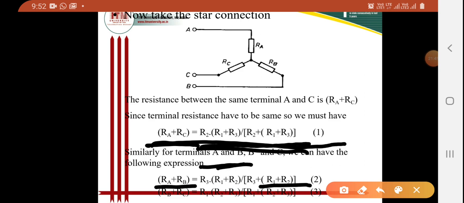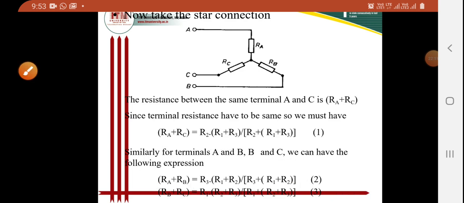Similarly, when we consider terminals B and C, we can write RB plus RC, which will be equal to R1 whole into R2 plus R3 divided by R1 plus R2 plus R3. Understood?